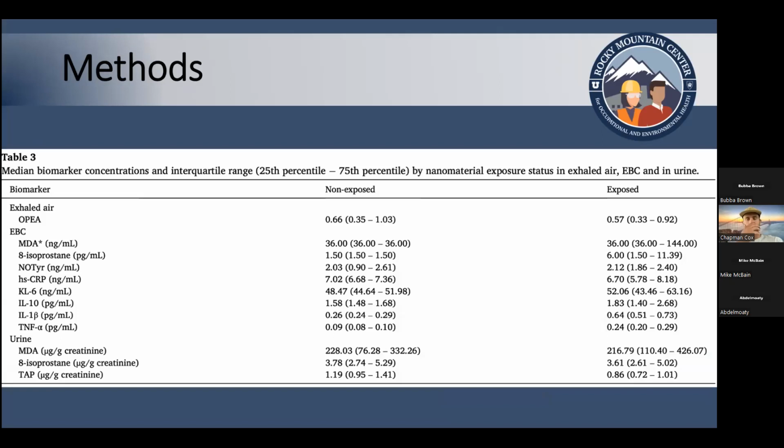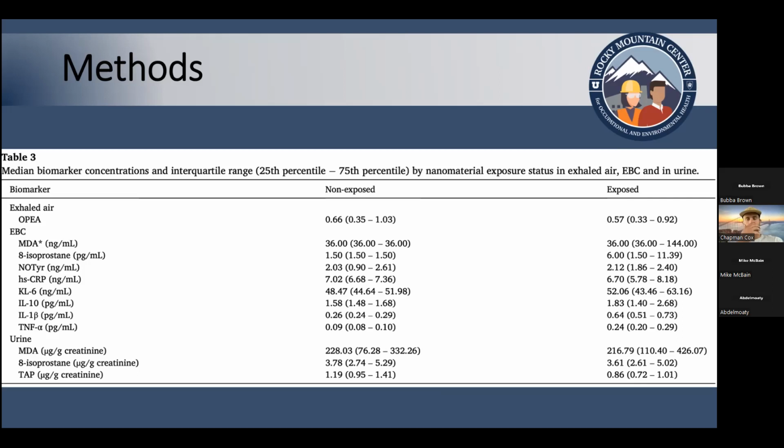Here's just a quick data graph showing, not exactly the results yet, just the non-exposed and the exposed groups, the biomarkers that they collected, the biological samples. With the exhaled air, they were looking for oxidative potential.